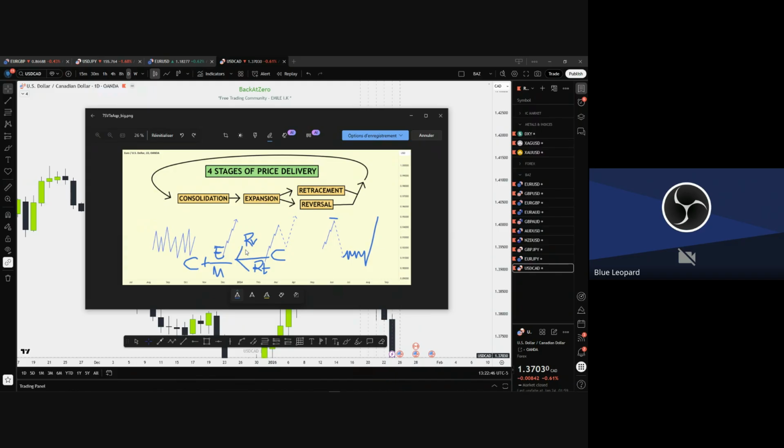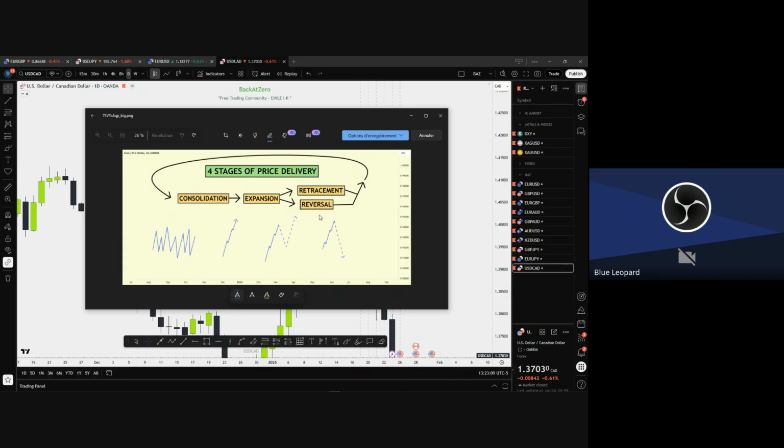Okay? So if it happened after a consolidation, what do we call it? An expansion. So I'm going to tell you again, we only have 4 phases. The 4 phases in the market, okay, are consolidation, expansion, retracement, and reversal.